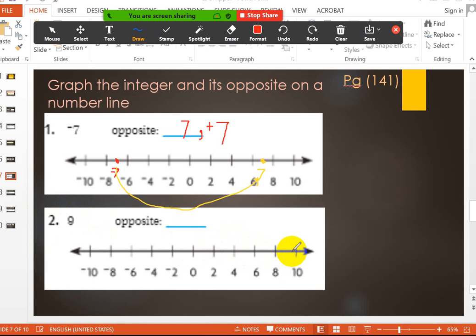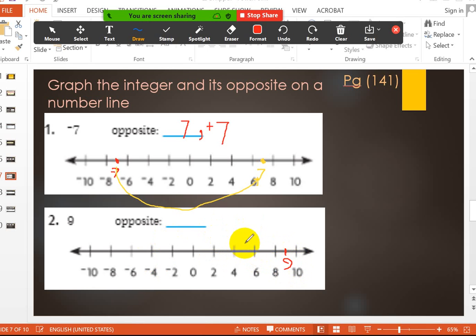It will be where? Between 8 and 10. Excellent. Between 8 and 10 in the middle. This is 9, because here the number line is divided 2 by 2.